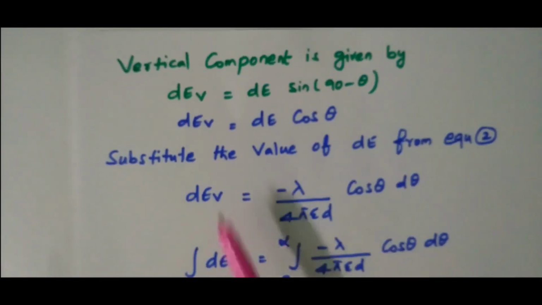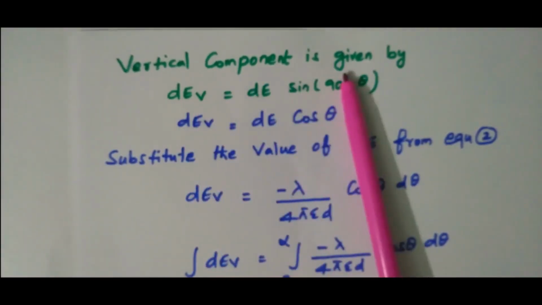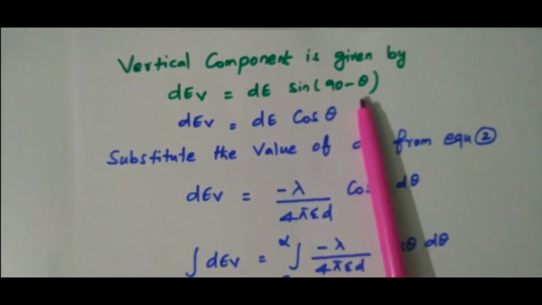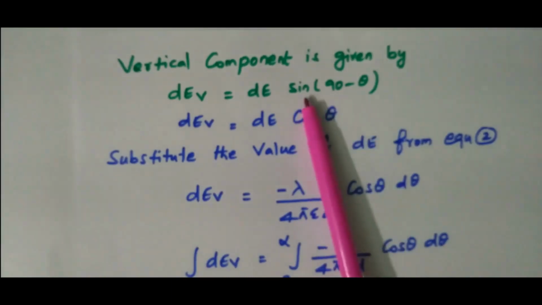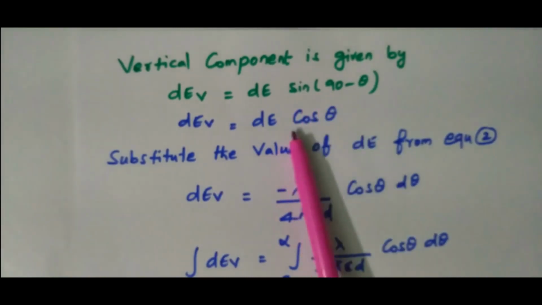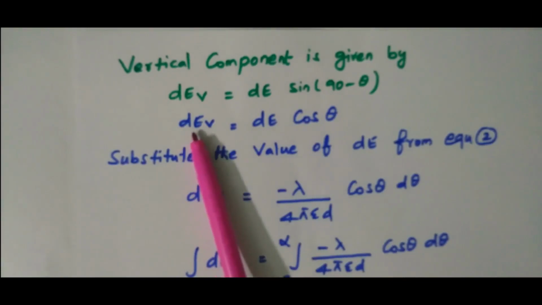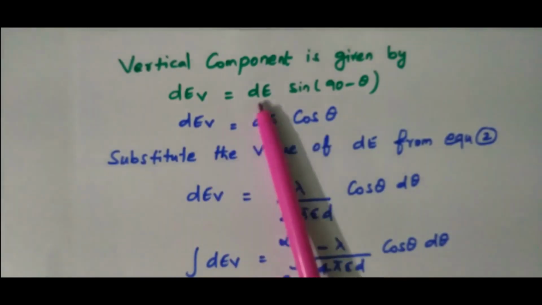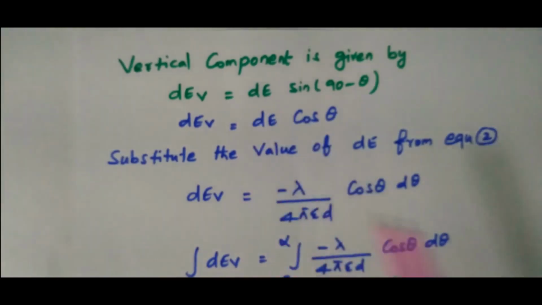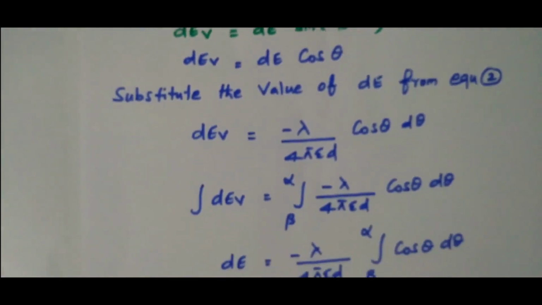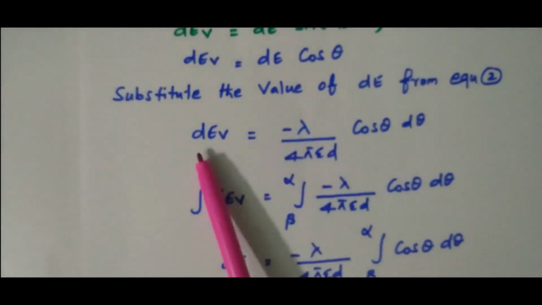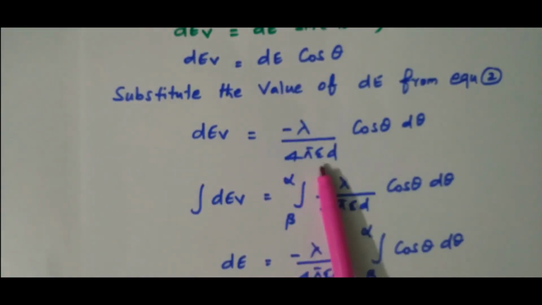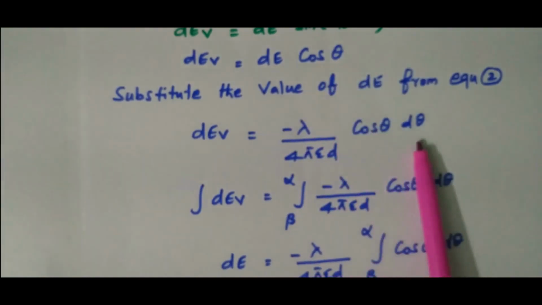Now we'll see the vertical component. Vertical component is given by dEV equals dE sin(90 minus theta). Sin(90 minus theta) can be written as cos theta. So dEV equals dE cos theta. Now we can substitute the dE value from equation number 2. So dEV equals minus lambda divided by 4 pi epsilon d, cos theta d theta.